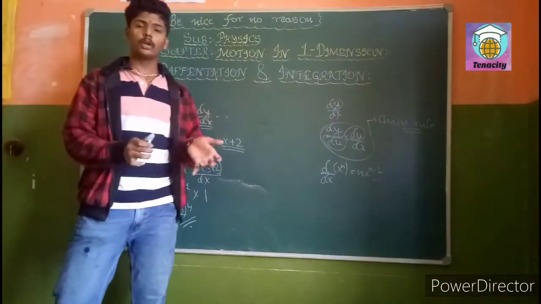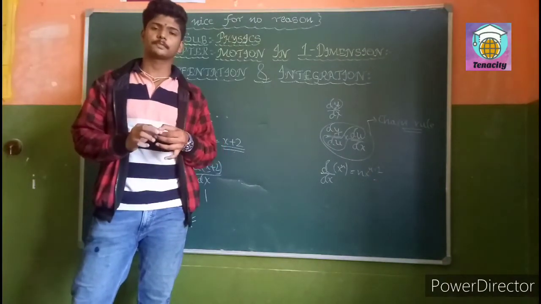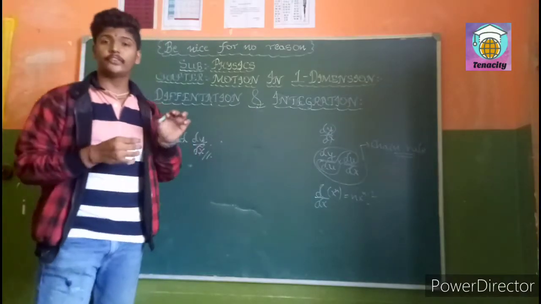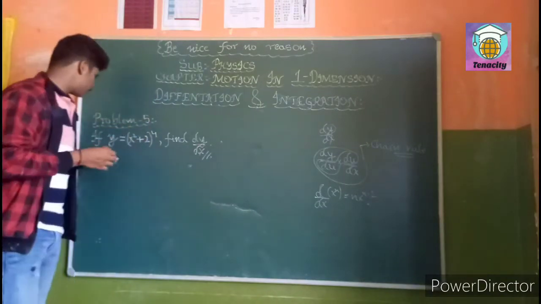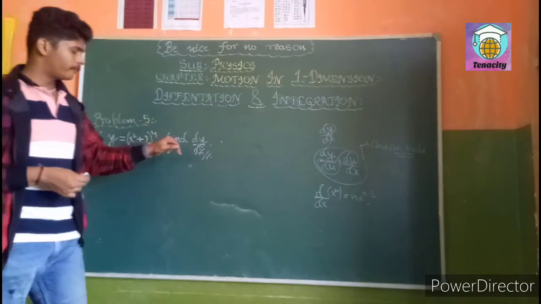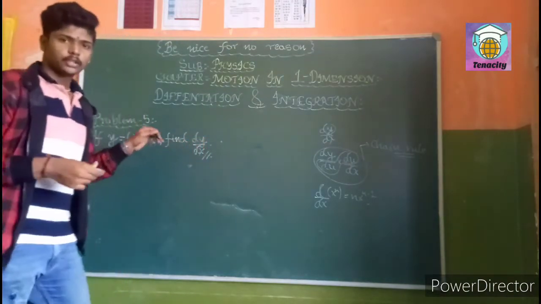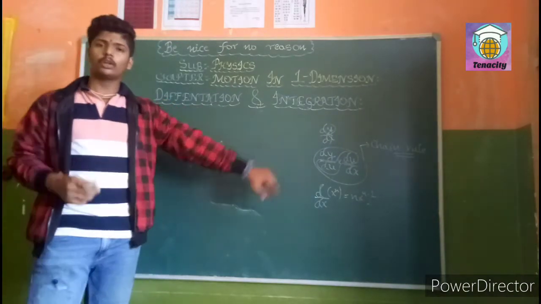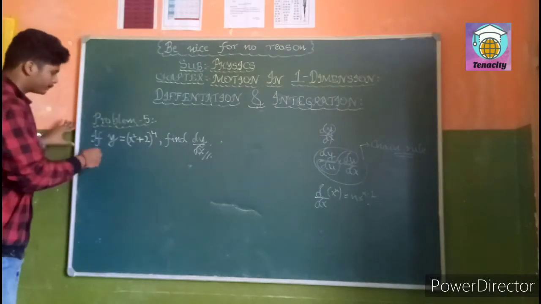We will discuss one more problem related to the chain rule. Let us discuss the fifth problem. That is, if y is equal to (x square plus 2) to the power 4, find dy by dx. So this is also related to the chain rule. We will discuss this now.